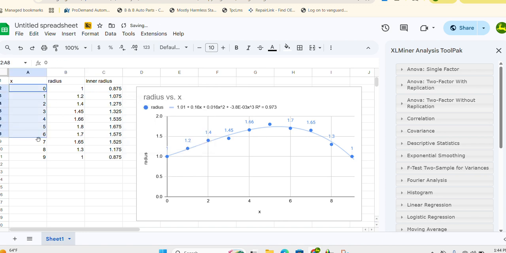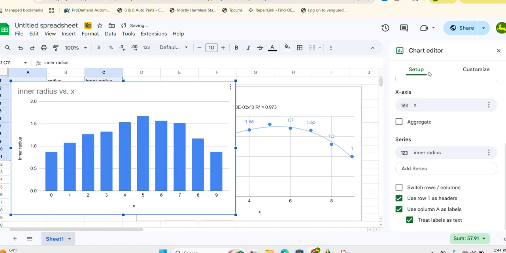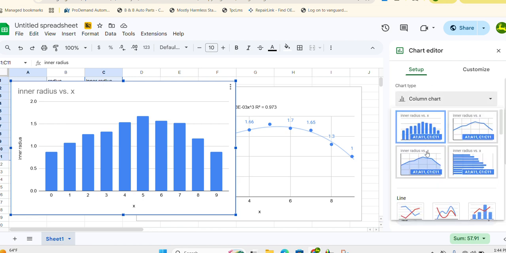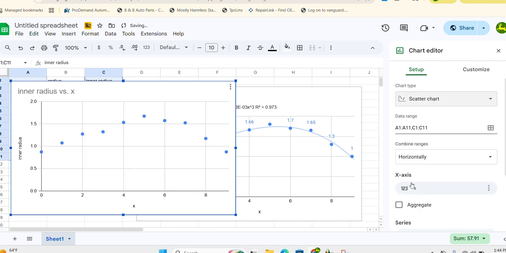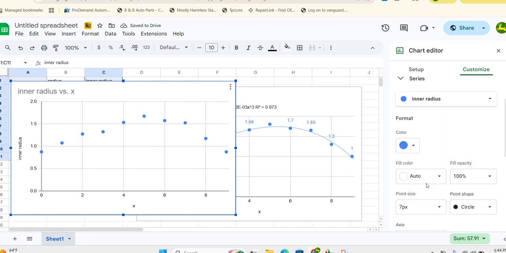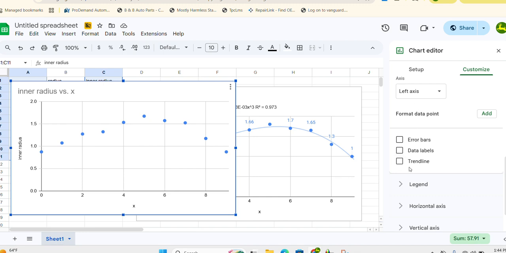And then you could also hold control and drag this, then insert chart. Once again, make that a scatter plot. And one would think that you'd use the exact same thing.